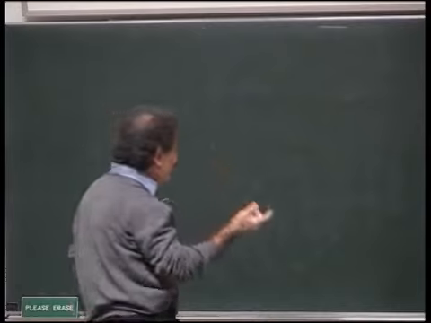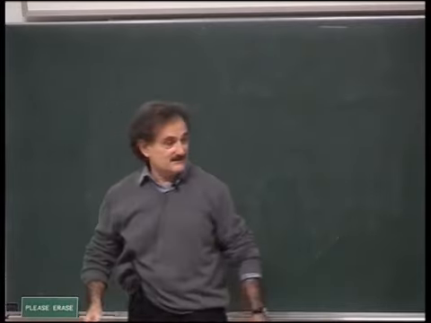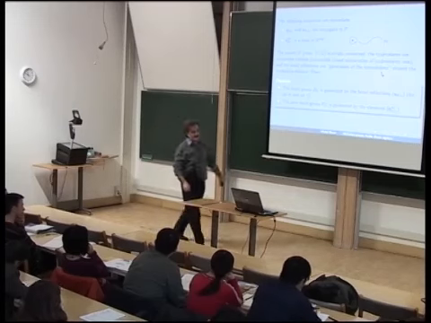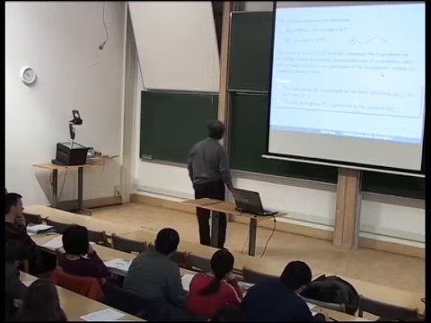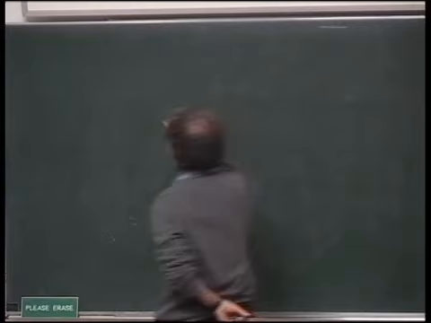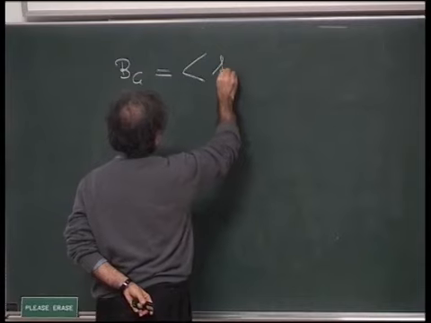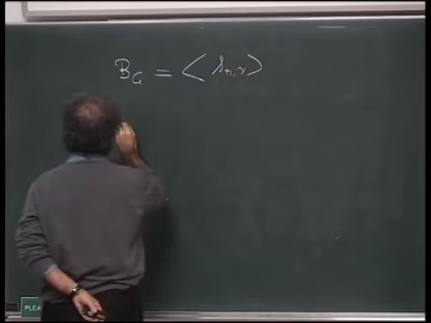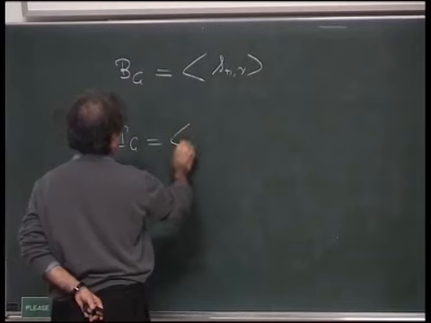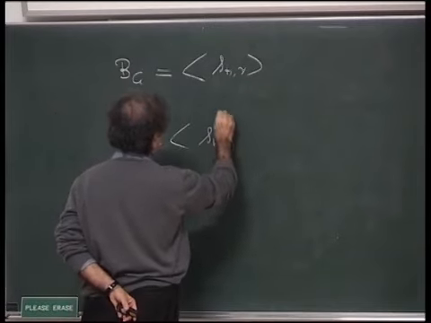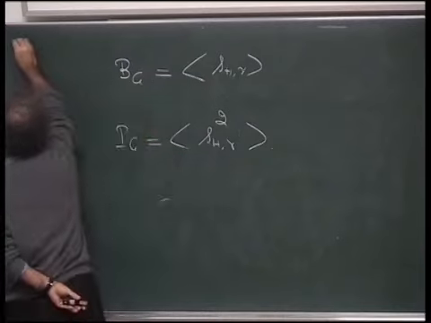So what does it tell you? This tells you that the group B_G is generated by these elements, while the group P_G is generated by the square of these elements. So suppose that G is Coxeter.